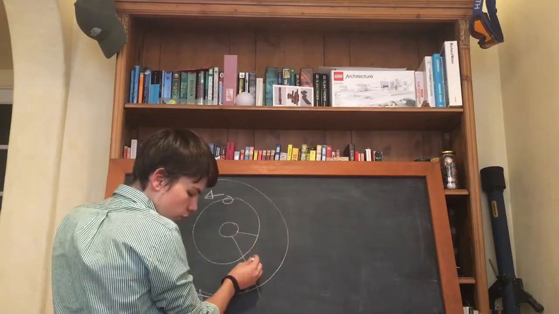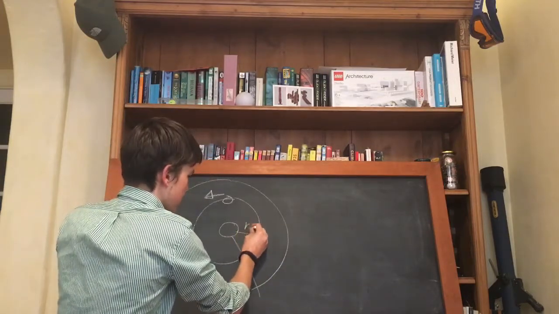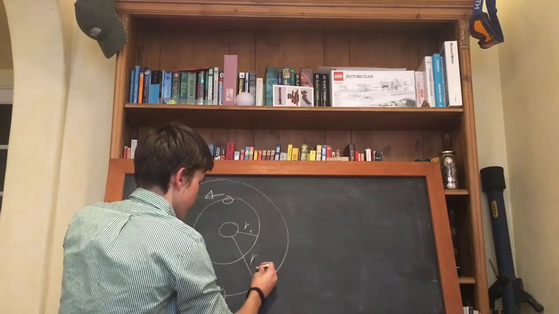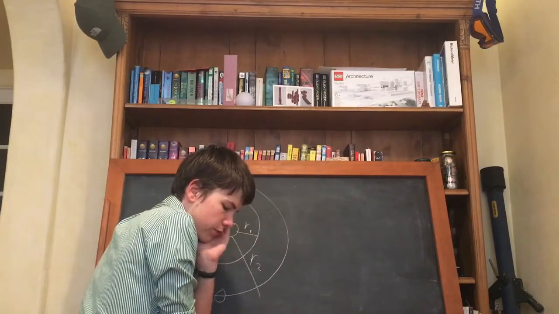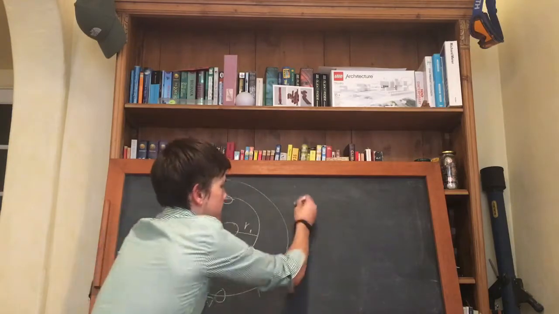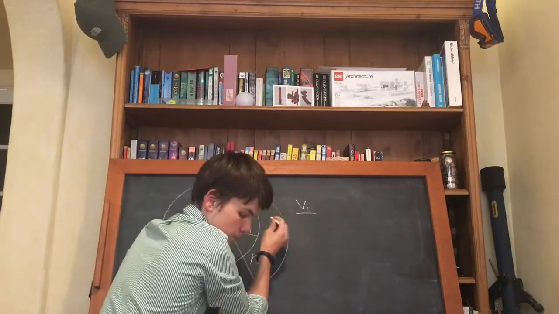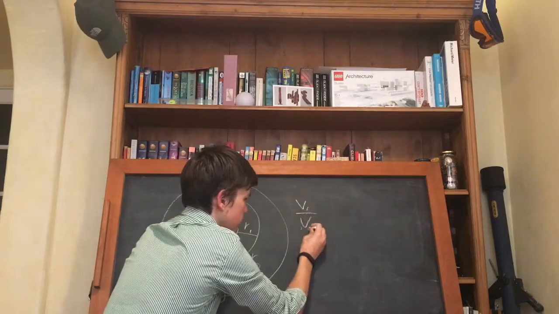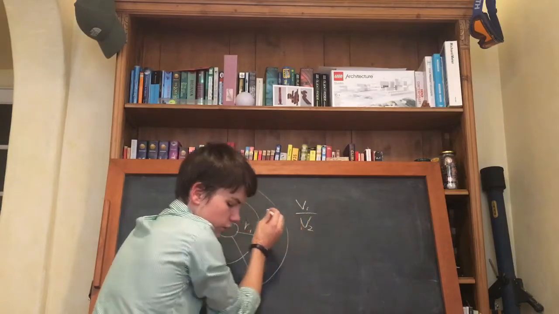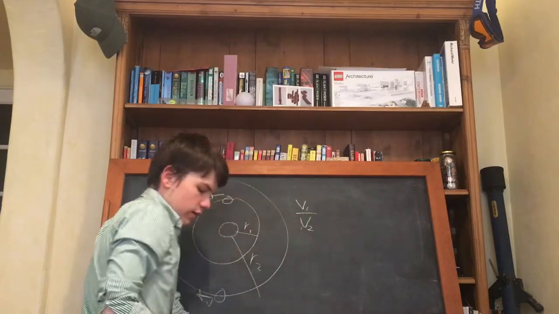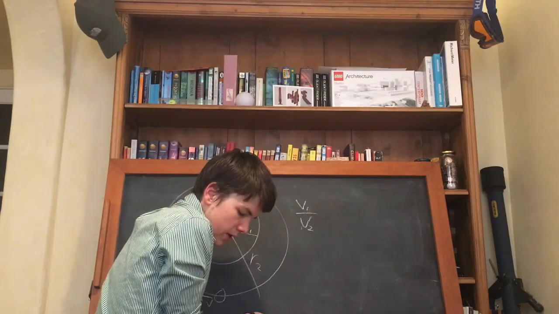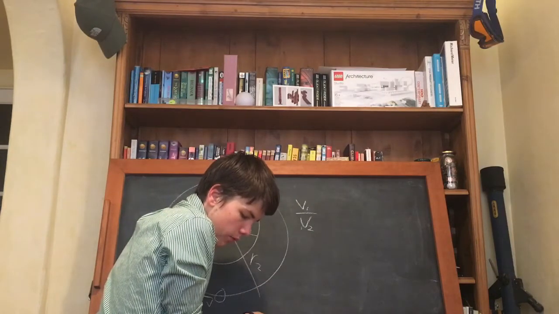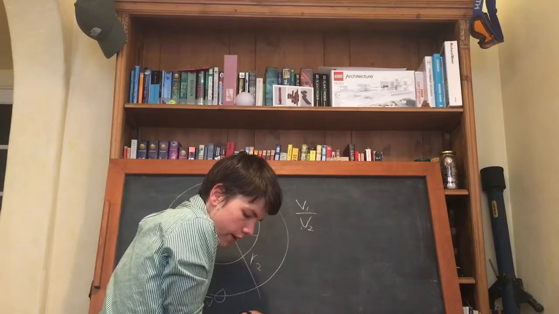This is R2, R1. So we want to find the ratio of the speeds, V1 over V2. The ratio of the speeds V1, V2 is, and then here are a bunch of answers. So is it dependent on R, M, or is it just a constant one?